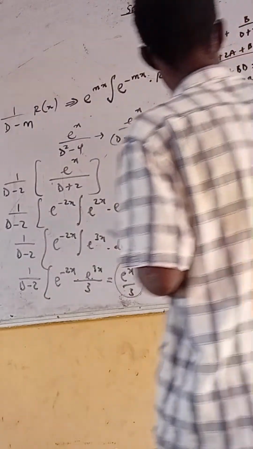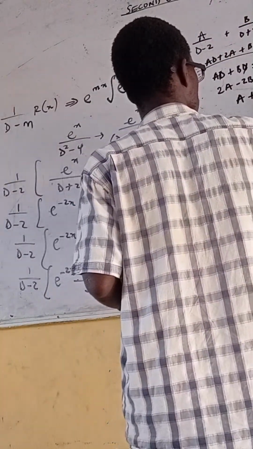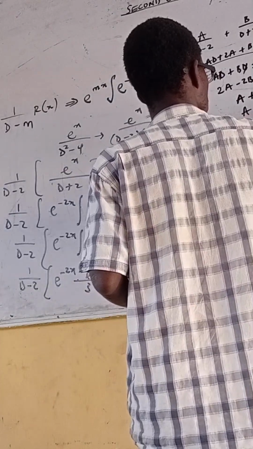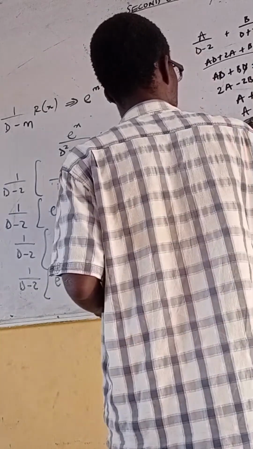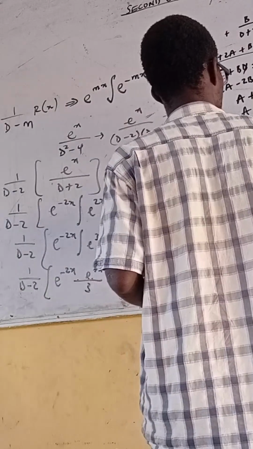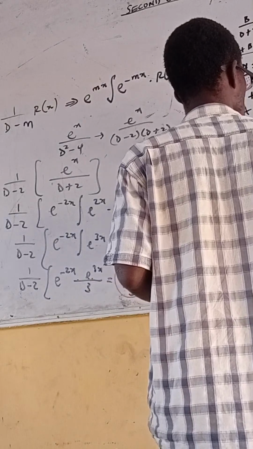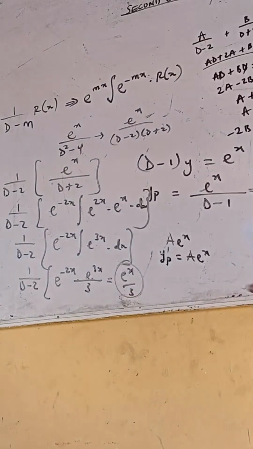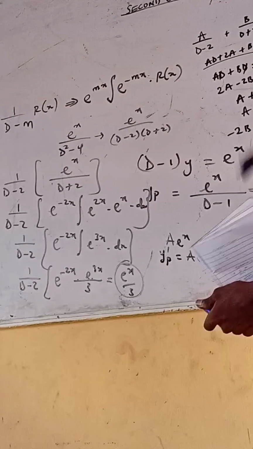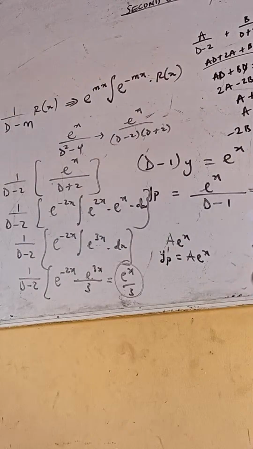Do you know what I did? A plus B equals 0, A equals minus B. So I can put it inside here: minus 2B minus 2B equals 1. Minus 4B equals 1, which means B equals minus 1 over 4. That means A equals 1 over 4.